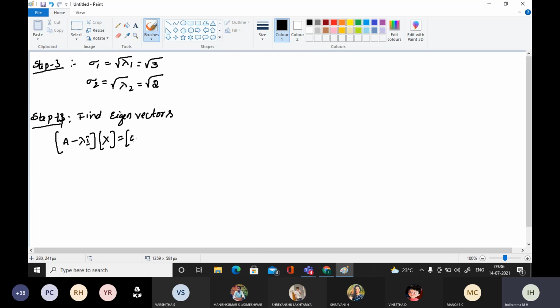So instead of A we should consider B, because A transpose into A is our matrix B. B minus lambda I we need to consider.